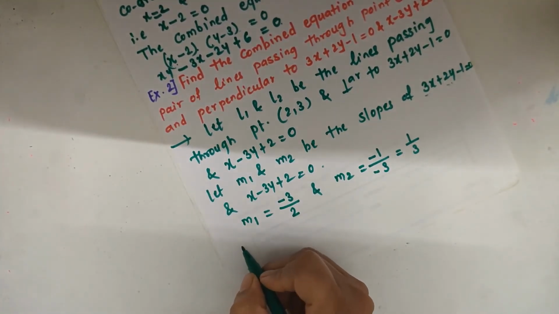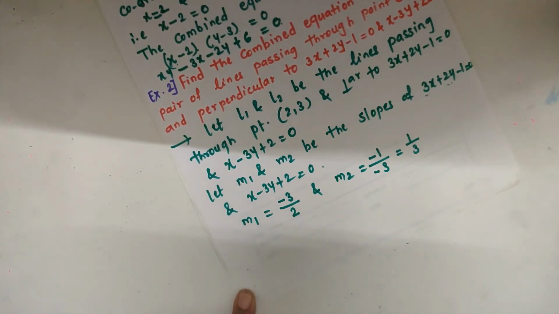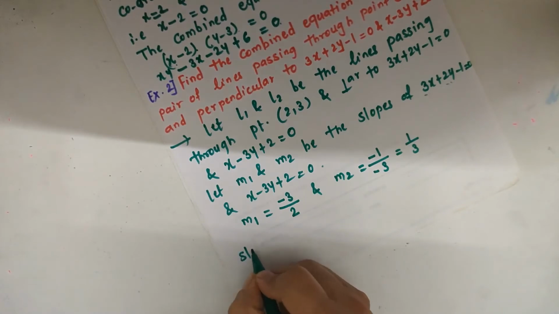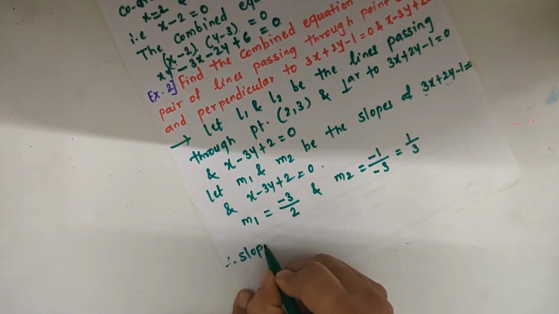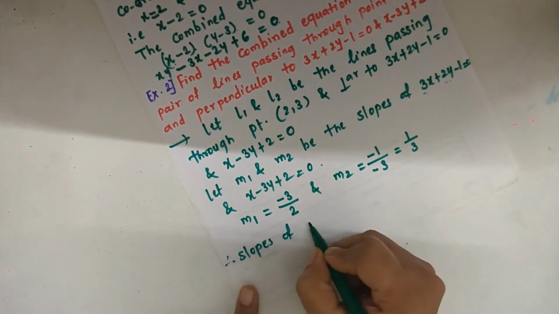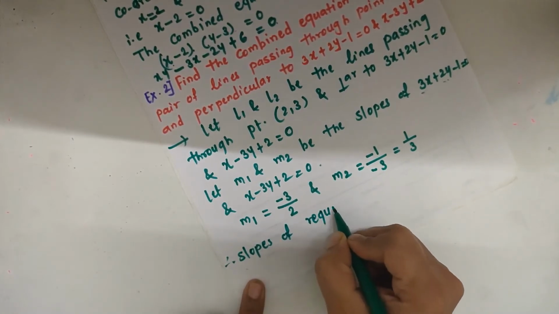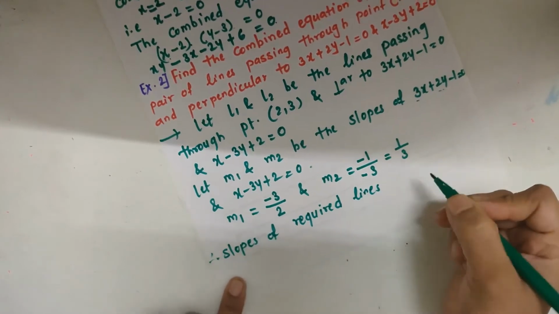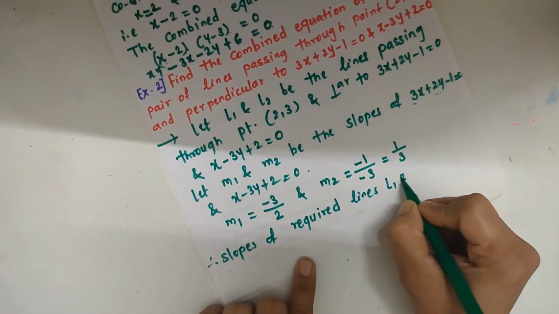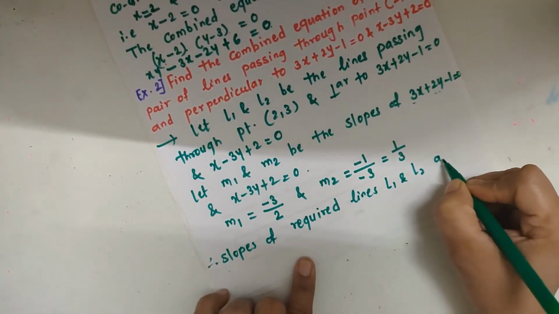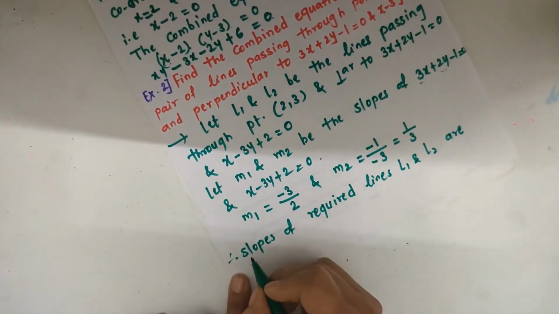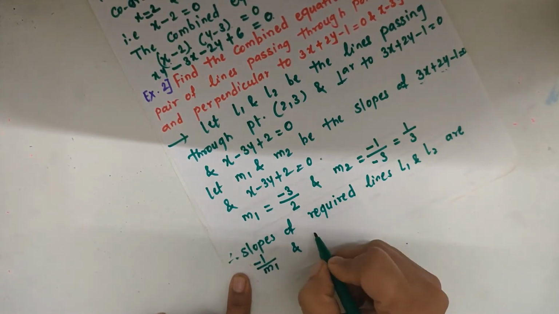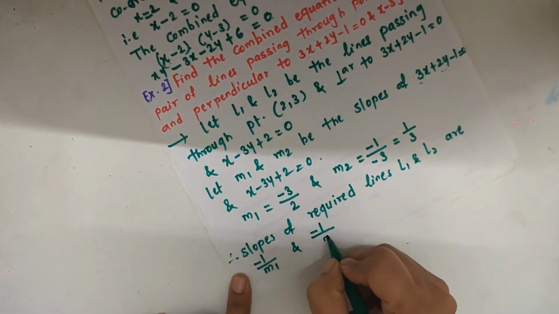Now the required lines are perpendicular to this line. Therefore slopes of required lines, that is L1 and L2, are minus 1 upon M1 and minus 1 upon M2.